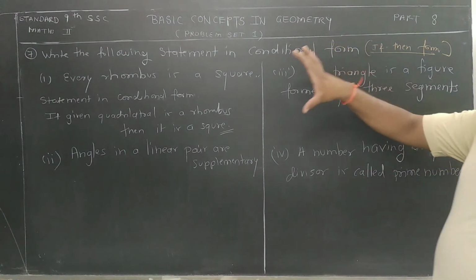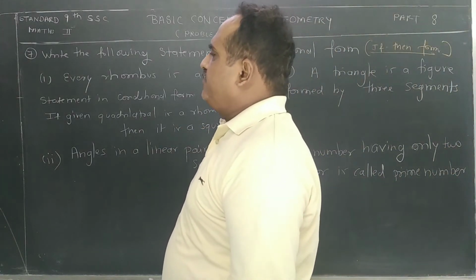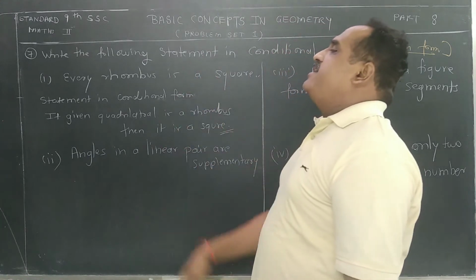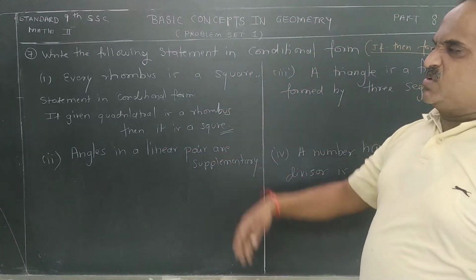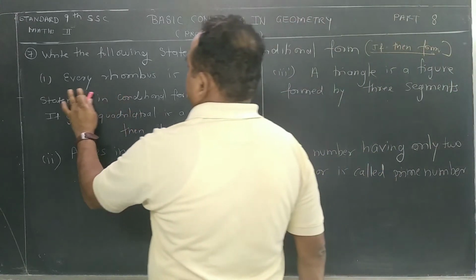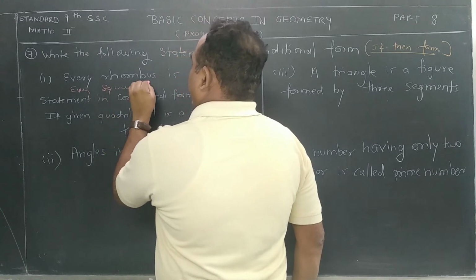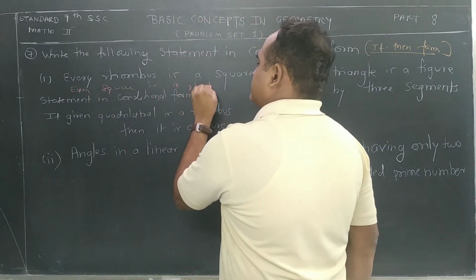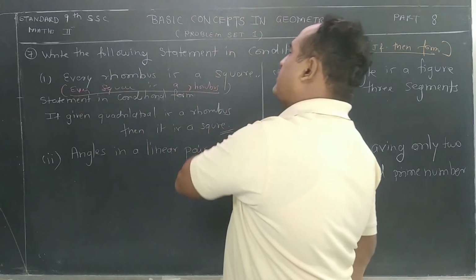Actually, this is a question given in a textbook. But in algebra, we have been given every square is a rhombus actually. Every square is a rhombus. So the question should be like this: every square is a rhombus. Please students, this is the main property, but they have given every rhombus is a square.